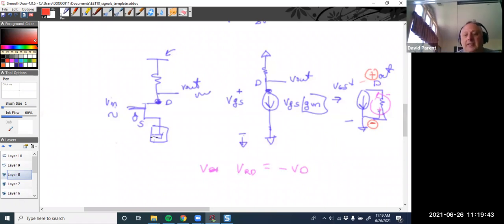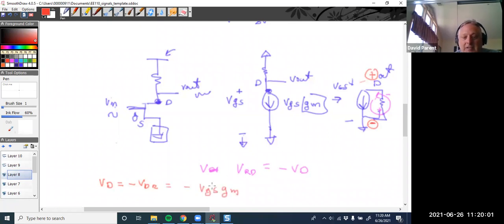Which I think causes some trouble, right? So what is VD? Well, it's minus VRD, which equals minus, well, what's the current?